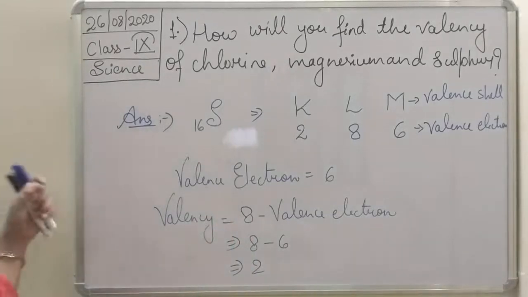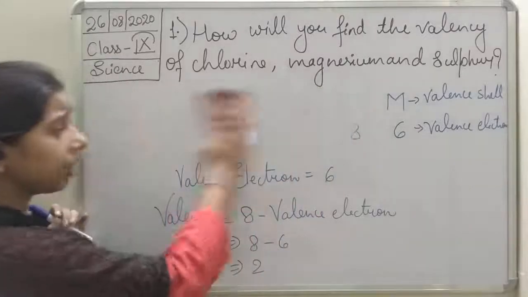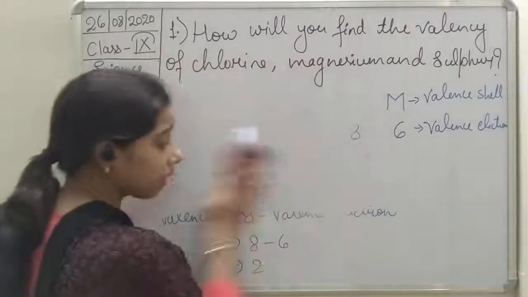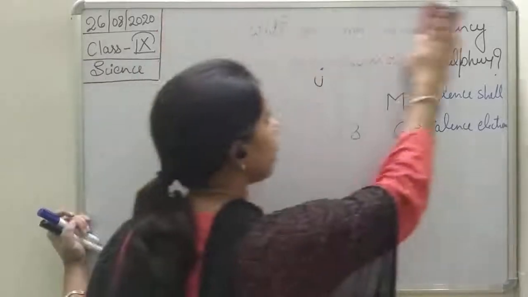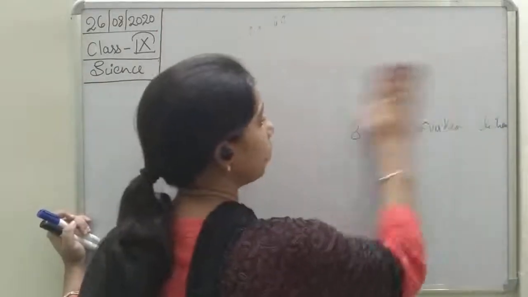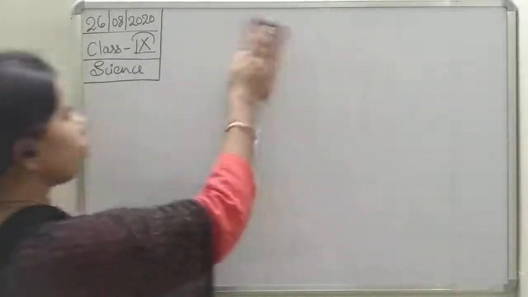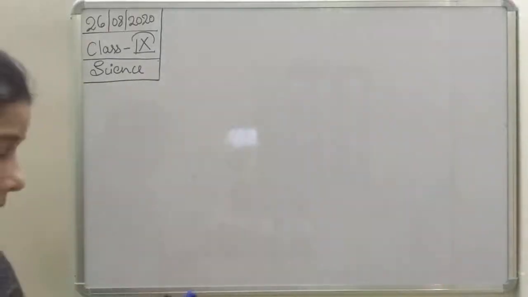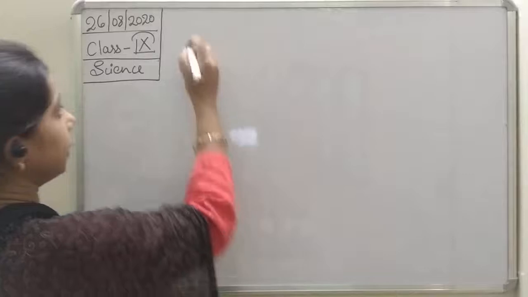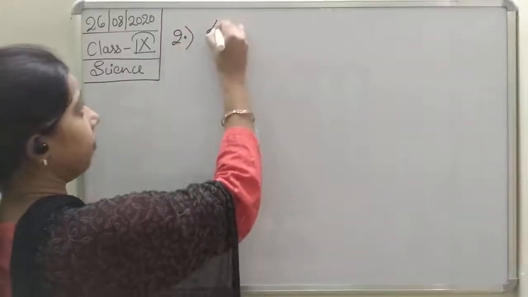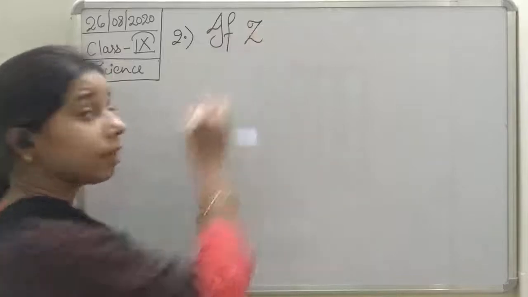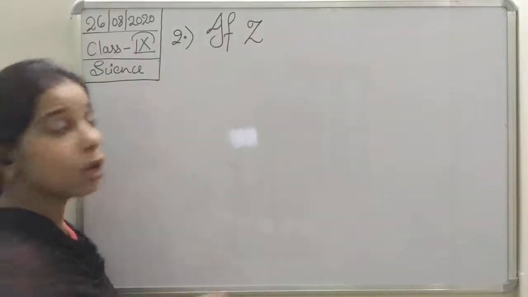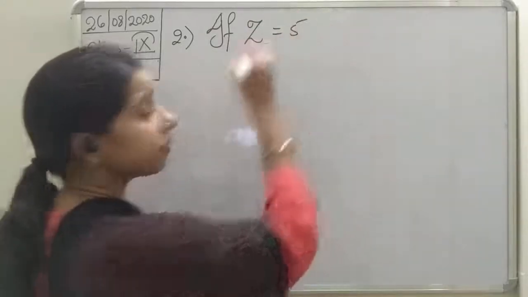Now instead of that, if the question does not give the name of the atom, but simply gives the atomic number and asks what will be the valency of a given atomic number. Like if a question is like, if Z, what is Z? That is the atomic number. So Z is equal to 5.